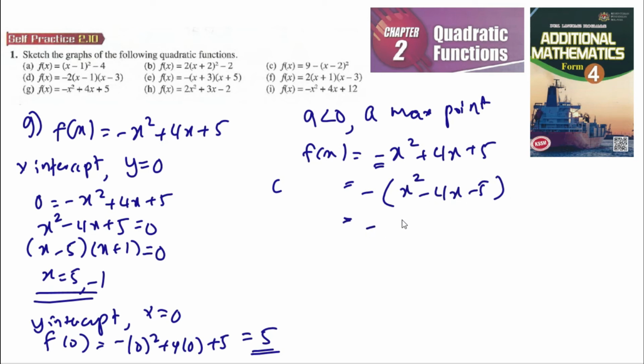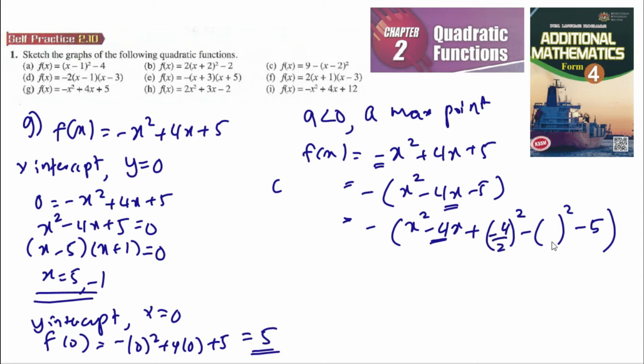So x squared minus 4x, after x we add bracket squared minus bracket squared, and then we put minus 5. The bracket should be the coefficient of x divided by 2, which is negative 4 over 2, meaning negative 2.